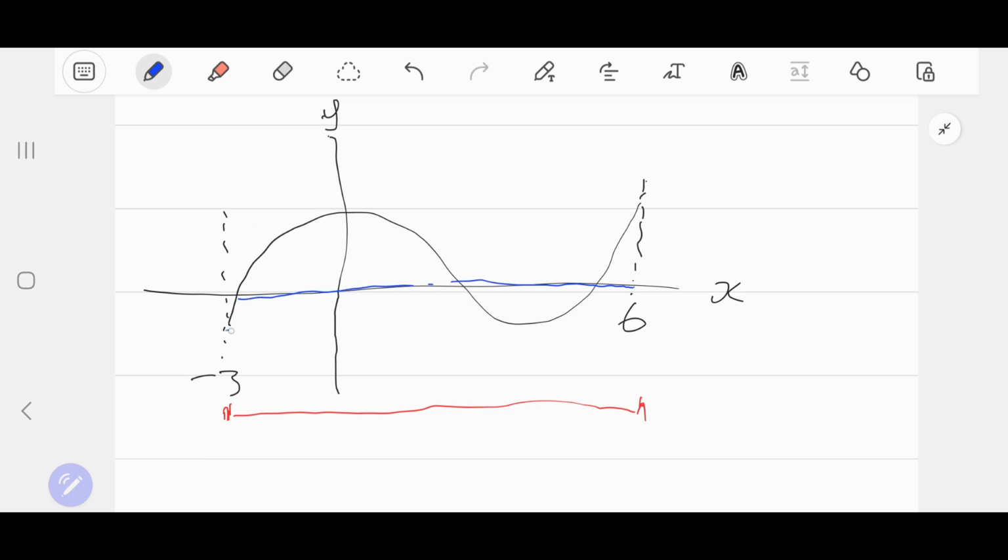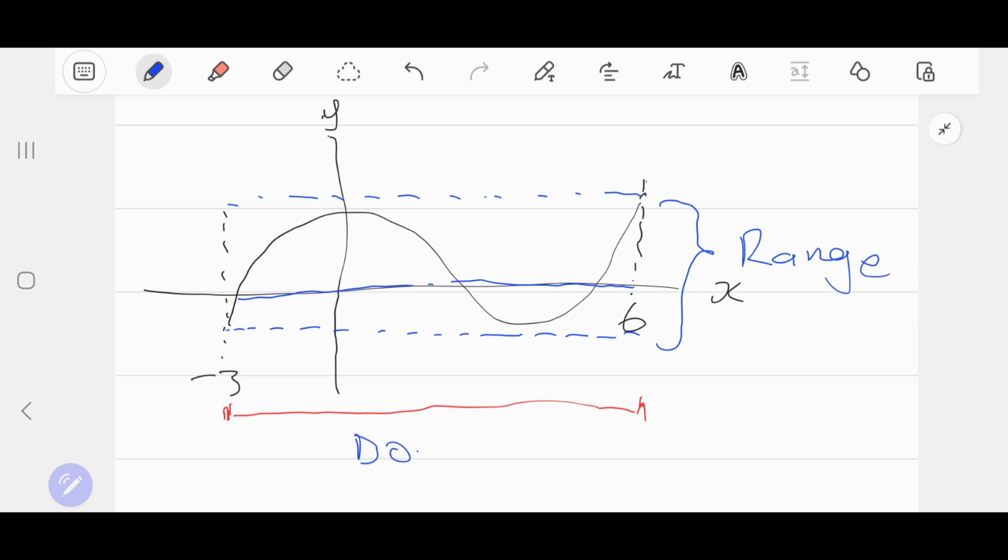Find the minimum value of the function, and find the maximum value of the function, and then you're done, because that will be your range, and then this will be your domain. Are you with me? But remember, I'll try to practicalize this through questions, on how you really find the range from the domain.